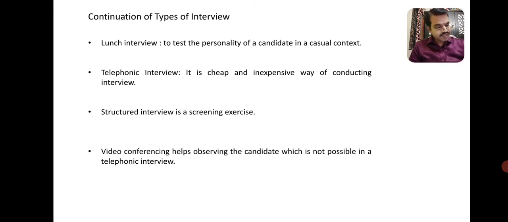The screening type of interview is the first level wherein we try to bring the best possible candidates, a kind of shortlisting of the candidates. Because the shortlisting of candidates is very important. Only after shortlisting, the best of the candidates are selected for further rounds of interview.